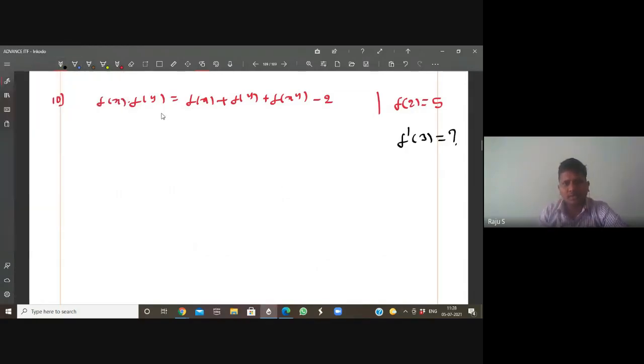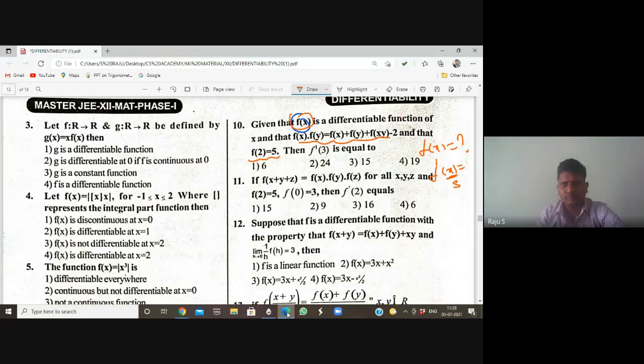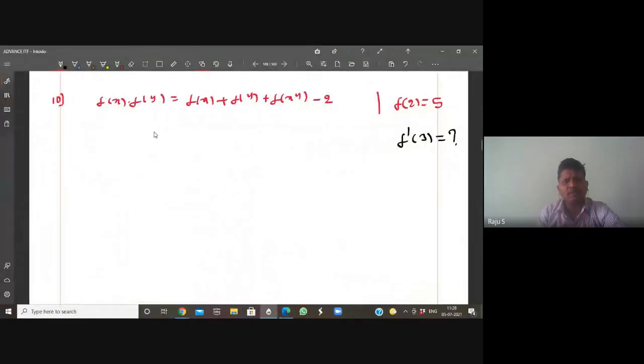Okay, students, see here, for that what I want to do, I want to find first f of 0. For f of 0, I am substituting x value, y value as 0. f of 0 is equal to f of 0 plus f of 0 plus f of 0 into 0, 0 minus 2.